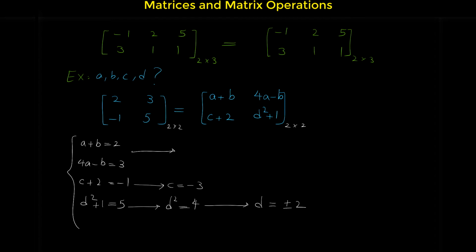So if we add these two equations, on the left side we have 5a and on the right side we have 5. 2 plus 3 is 5. So a is 1. Because a is 1, if we plug in 1 here for a, 1 plus b equals 2, so b is 1.